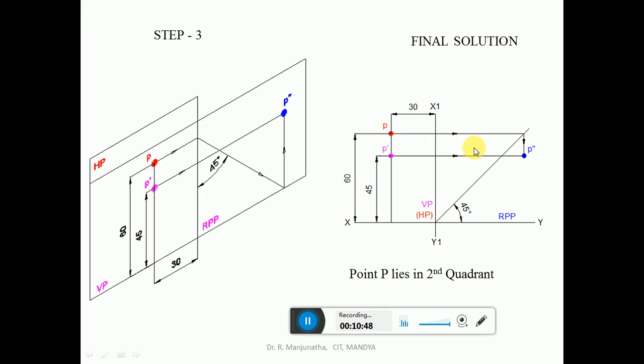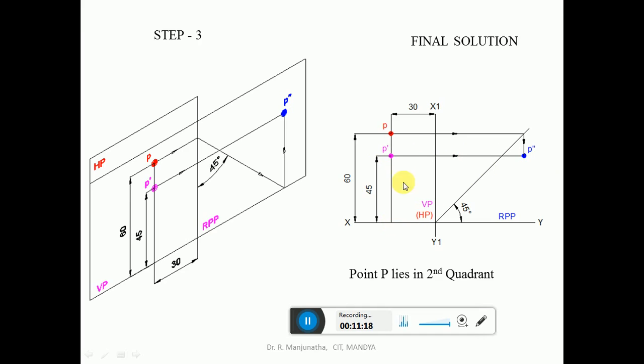And in the side view we can see the distance above HP and also behind VP. So first you draw a horizontal projector onto the side view, because the distance above HP in the front view is vertical and in the side view also it is vertical. Therefore we need to draw a projector directly into the profile view.